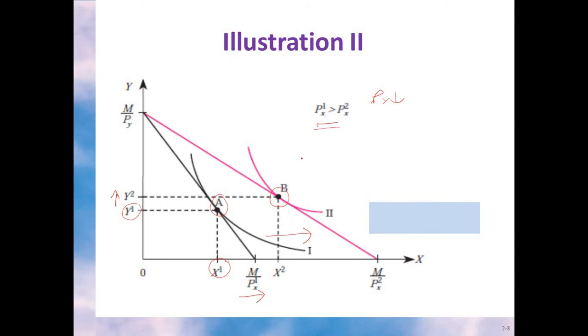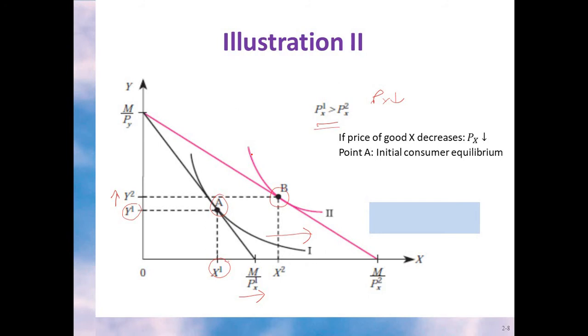So what we can see here is when the price of good X becomes cheaper, the quantity of X increases, because that is the law of demand. As price drops, quantity increases, but the demand for Y also increases. So this tells us that X and Y are complementary.